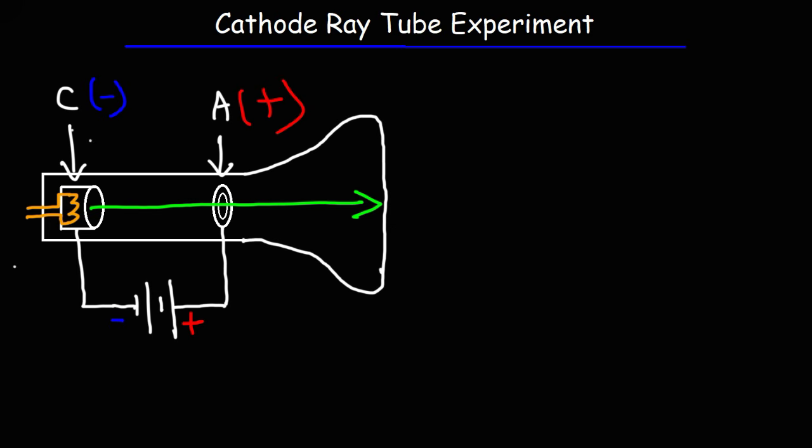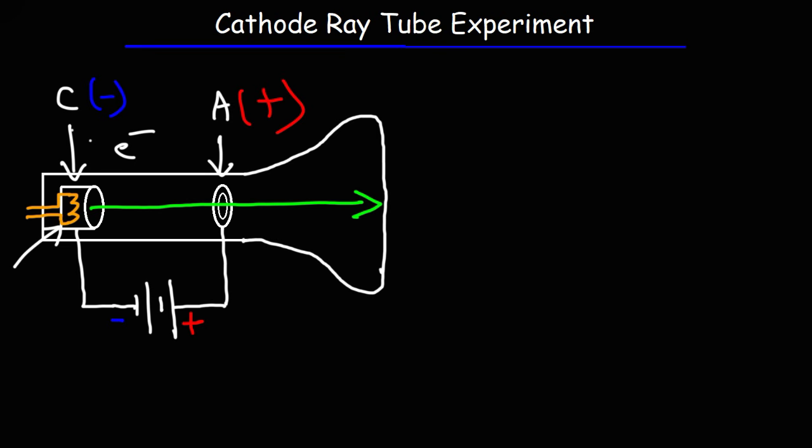Now, when the cathode is heated by this heating element, nichrome wire is a good heating element, and if there's a high voltage applied between the cathode and the anode, an electron beam is going to emanate from the cathode and it's going to accelerate towards the anode. Electrons are negatively charged, so they're attracted to a positively charged plate. So the anode accelerates this electron beam towards the right.